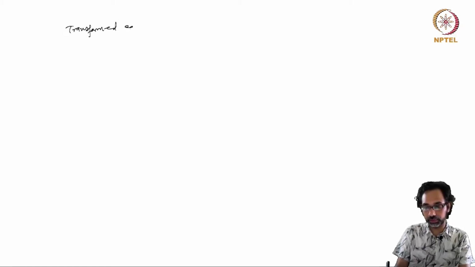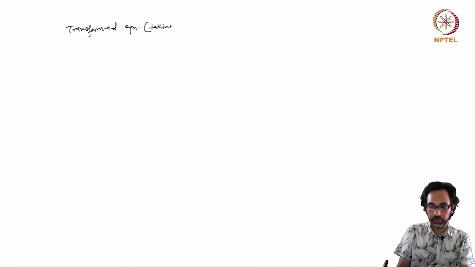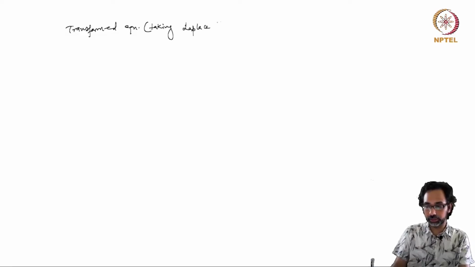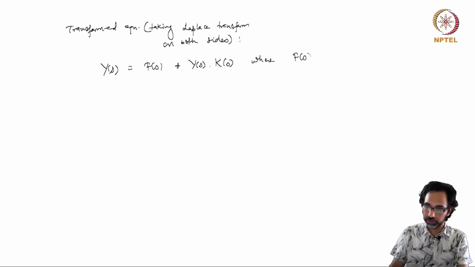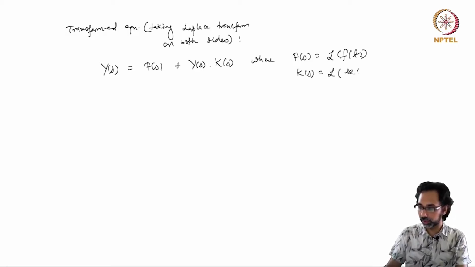So we take the Laplace transform on both sides, and you will get Y(s) equals F(s) plus Y(s) multiplied by K(s), where F(s) is the Laplace transform of the known function f(t) and K(s) is the Laplace transform of the function k(t).